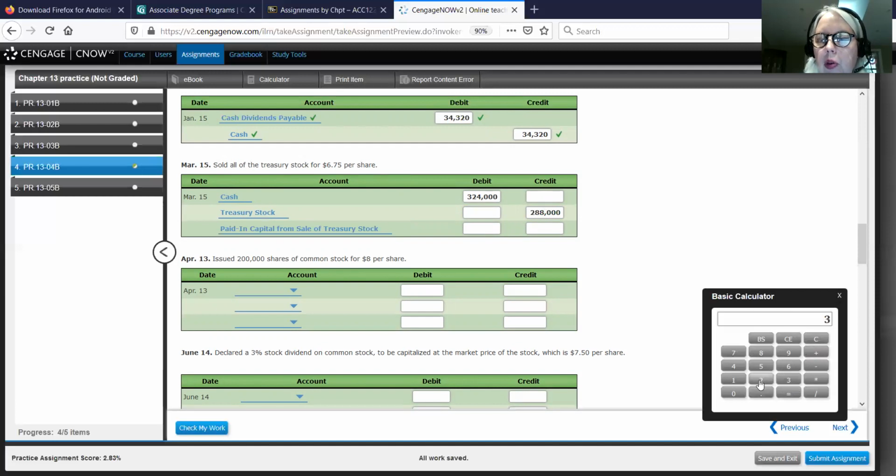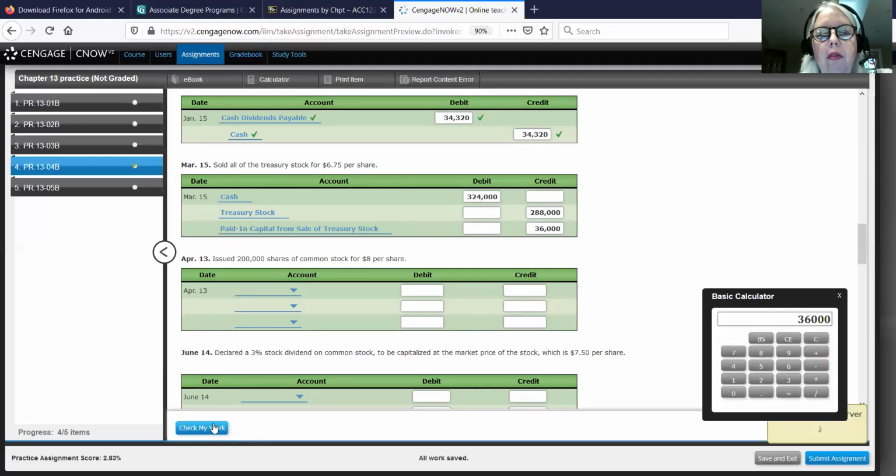So 324,000 minus 288,000 will give you the plug figure of 36,000 that would be credited to the paid-in capital account from the sale of the treasury stock.